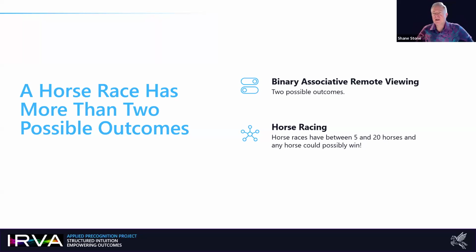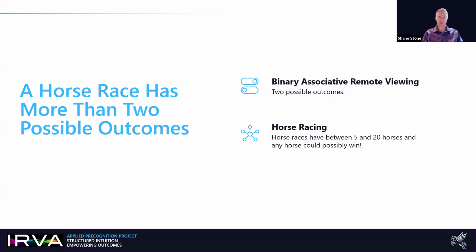Our traditional associative remote viewing that most of us do is called binary associative remote viewing. What happens is there are two possible outcomes. It's usually something like the stock market goes up, the stock market goes down, team A wins, team B wins. And we have two photo sites.